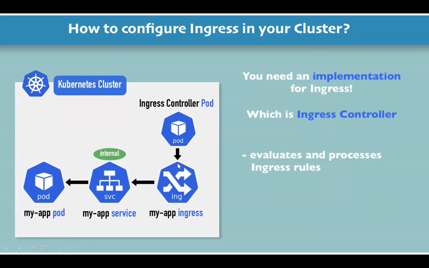Just like we did with the namespace, in the same way we have to get this Ingress controller in our minikube environment. Then only this Ingress part will work, otherwise it won't work. So it's not exactly the same as deployment and service. In Ingress, you have to create the YAML file, but for Ingress to run, you require the Ingress controller and you need to get it downloaded on your minikube, which we'll be doing.